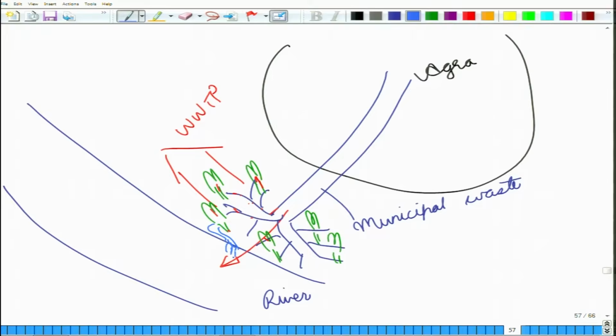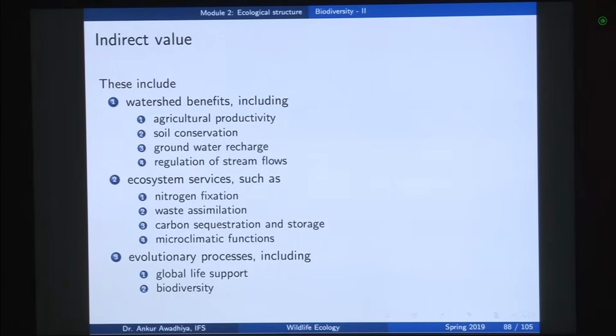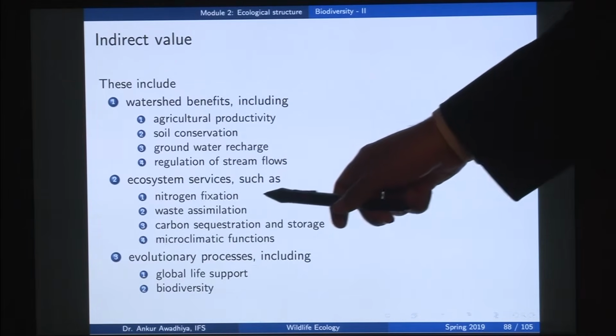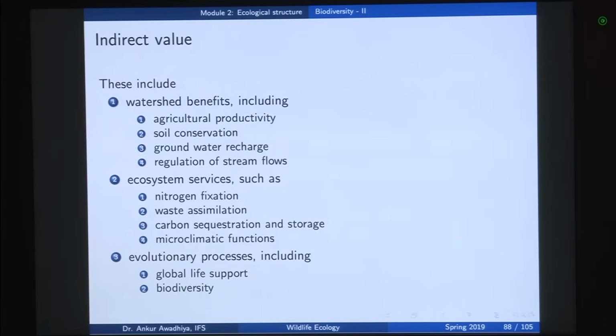So, these sorts of services are known as ecosystem services, and this was the example of waste assimilation. So, a forest can act as a very good waste assimilator. So, in place of constructing a wastewater treatment plant that could cost you lakhs or even crores of rupees, you can just have a small forest and divert all of your water there, and that water will get used.